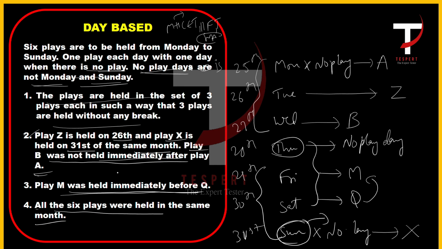Because play B was not held immediately after play A. So here in between A and B, Z is there, so that's not a problem. So A comes first, B comes next, not immediately, right? So this is the arrangement. And Thursday is the no play day, right? Thursday is the no play day.